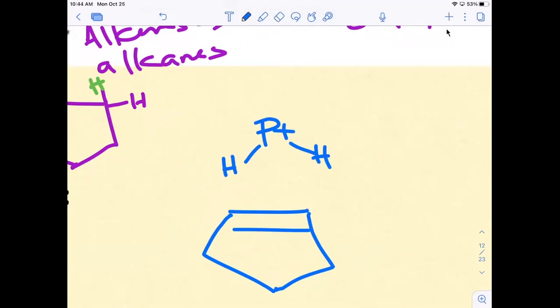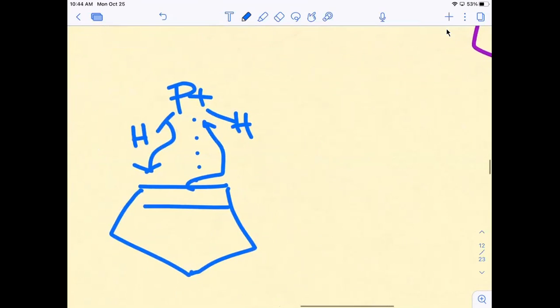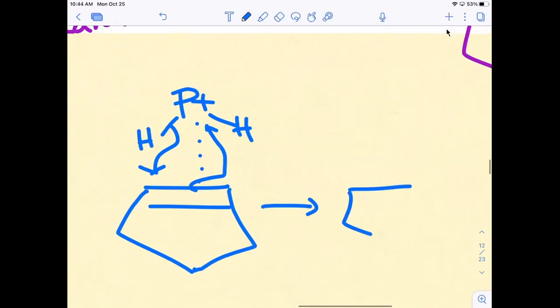So it goes through a couple of different steps in this particular mechanism, but at the end of the day, the platinum is going to coordinate to your alkene, and then it's going to transfer both hydrogens. One is coming here, and then the platinum ends up on one carbon in that alkene. So let me show you that. So I've added hydrogen here, and then I also now have platinum with another hydrogen on it.